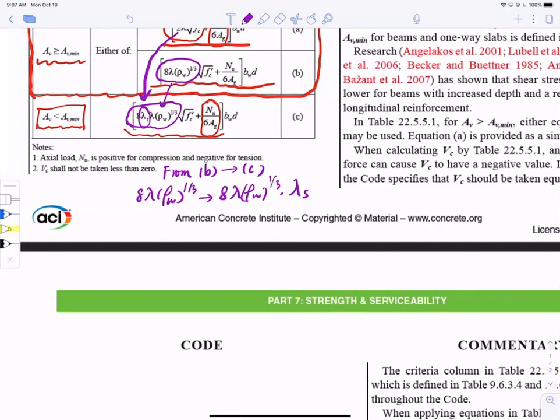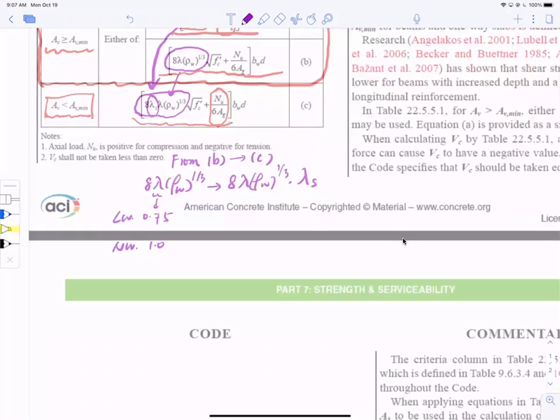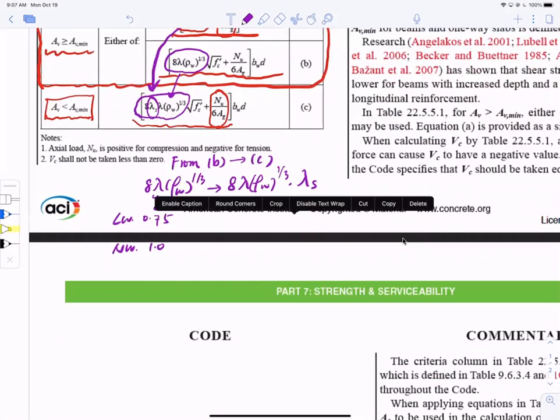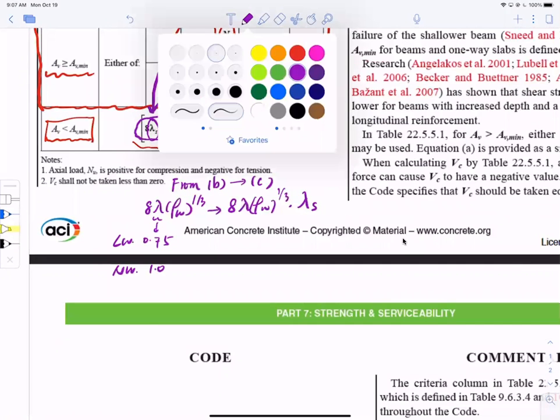Now this lambda right here, you know it. This is basically 0.75 for lightweight concrete and 1.0 for normal concrete, right? That's just the density coefficient. Now the main difference right here is this lambda s.